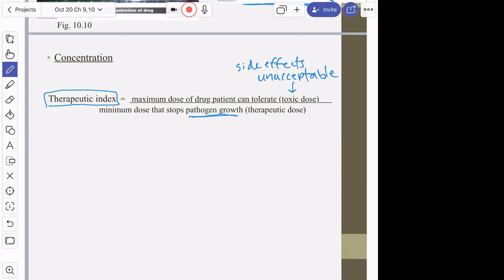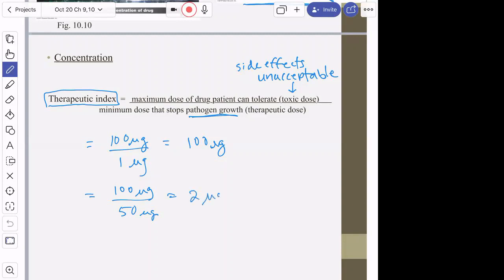But let me give you an example here. So the maximum dose of drug a patient can tolerate, let's say that's 100 micrograms, and the minimum dose that stops pathogen growth, say that's 1 microgram. So your therapeutic index is going to be 100. Okay, that's pretty good. That's pretty high. If you had a therapeutic index where you needed 50 micrograms in order to kill the pathogen, then your therapeutic index is going to be 2.